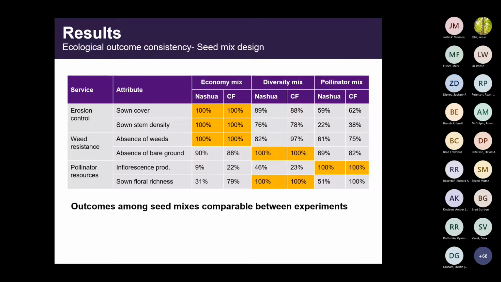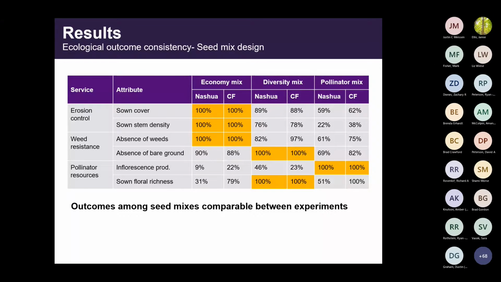Okay, so we're going to shift gears a little bit and look at our second overall objective, looking at ecological outcome consistency. So now we're looking at how consistent the effects of implementation techniques were. So this table is showing the impact of seed mix on ecosystem service provision in the two different experiments. So for each site, natural or CF, the seed mix with the highest value for each variable is scored as 100% and highlighted.